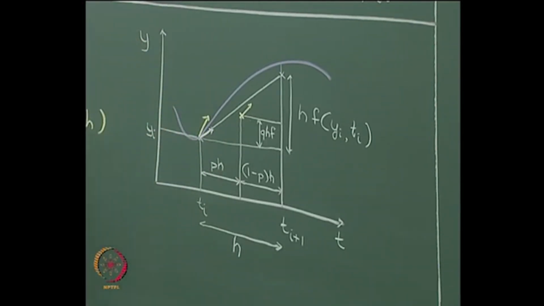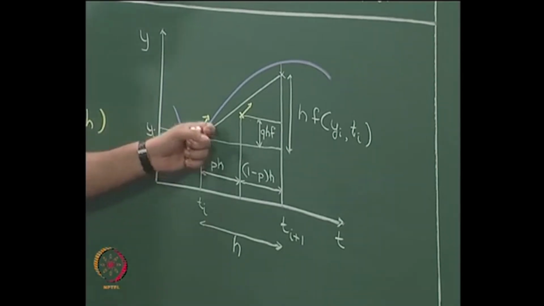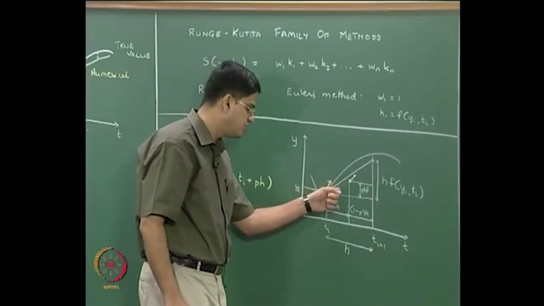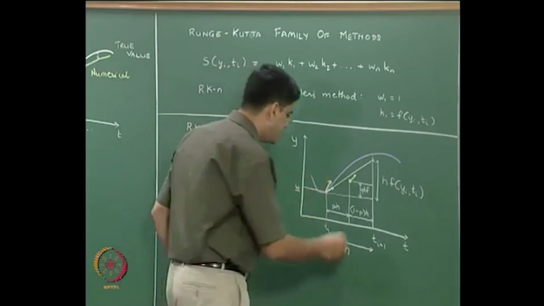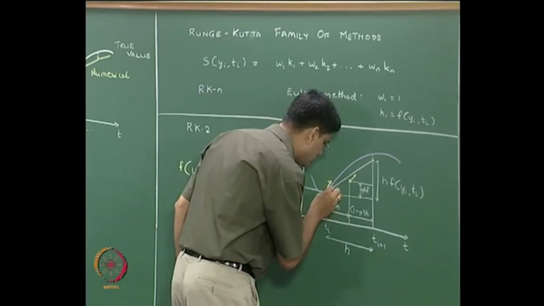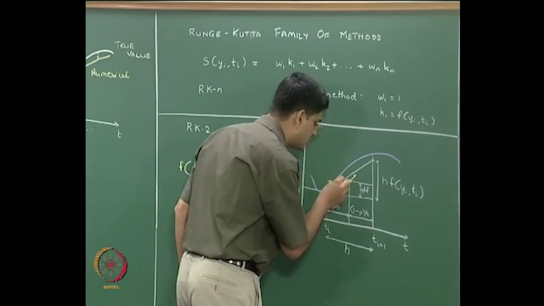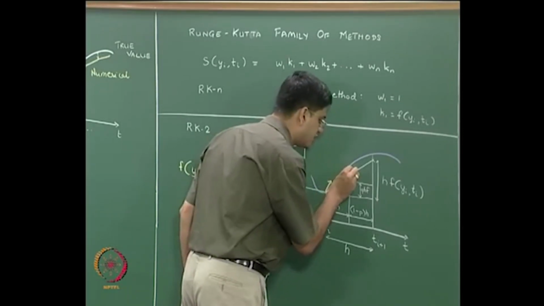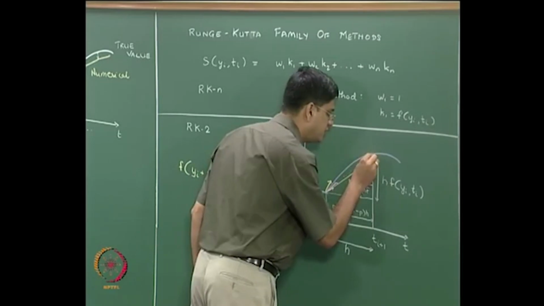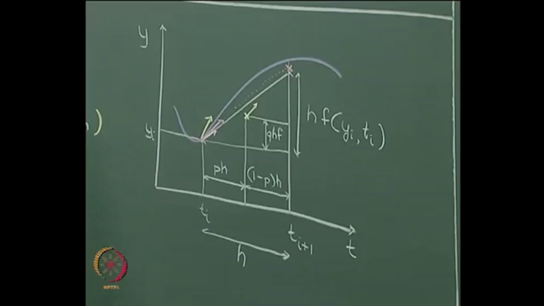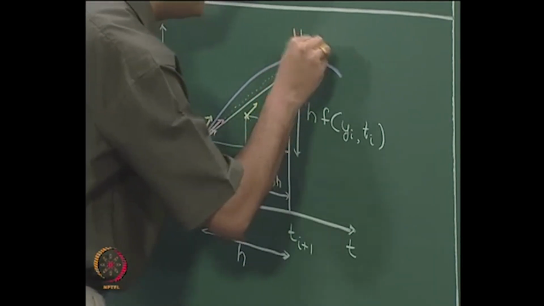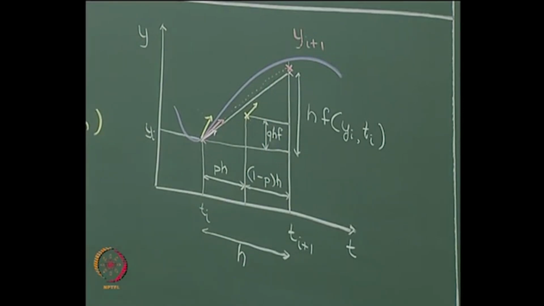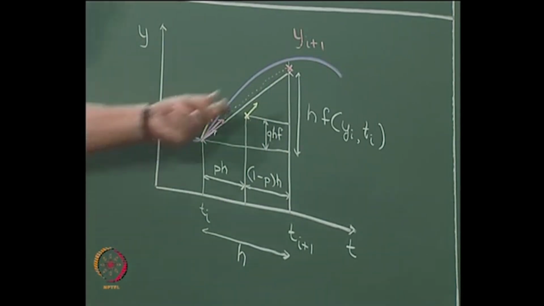And what the Runge-Kutta second order method is going to do is find some kind of a weighted sum of this slope multiplied by w1 plus this slope multiplied by w2, and that weighted slope is what the RK2 method is going to use in order to project the point in the future, and the point that I am representing by the red x is going to be our y i plus 1. Okay. So that is going to be the geometric interpretation of the Runge-Kutta method.